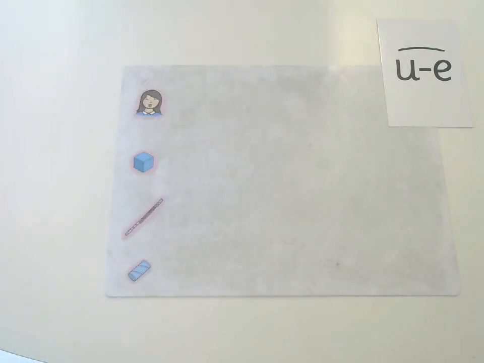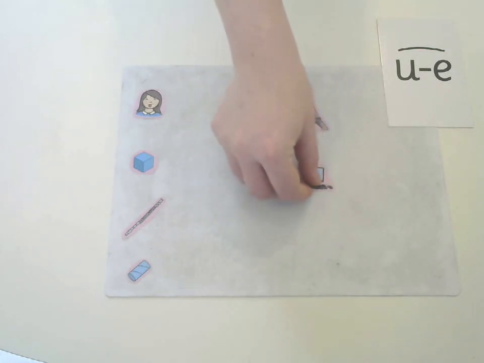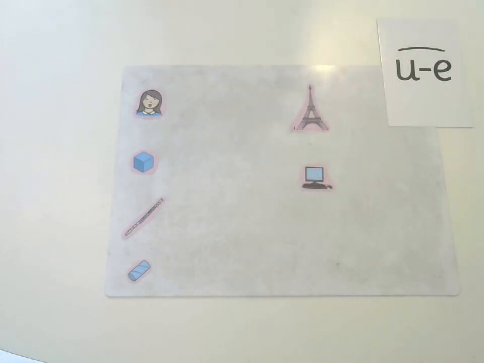Tube. Huge. Ute. Okay, have a go at writing those words. Pause the video to give yourself some time.